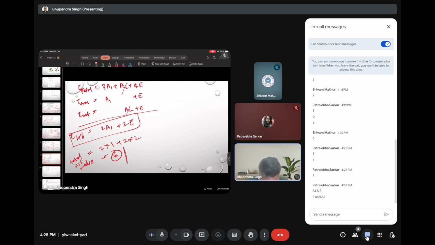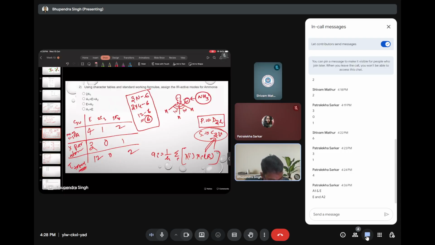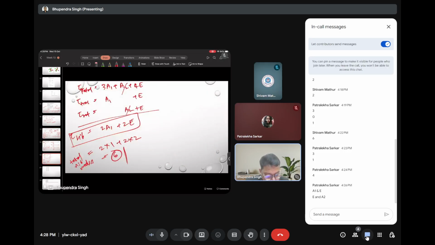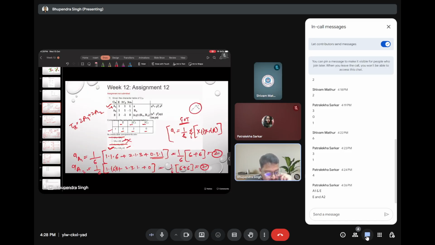Out of these, the question was to find the IR active modes of ammonia. Only A1 and E are here. Using this character table, out of A1 and E, which one is IR active, which one is Raman active?